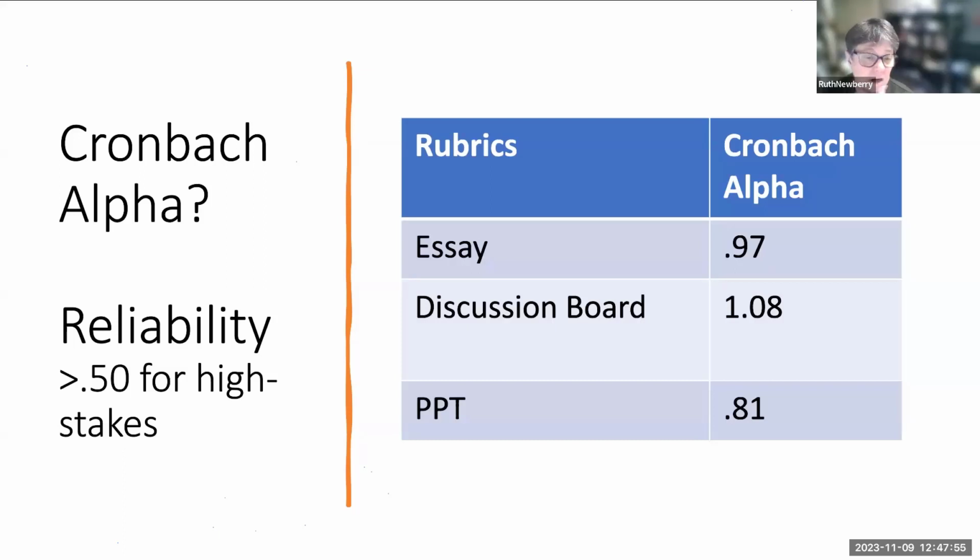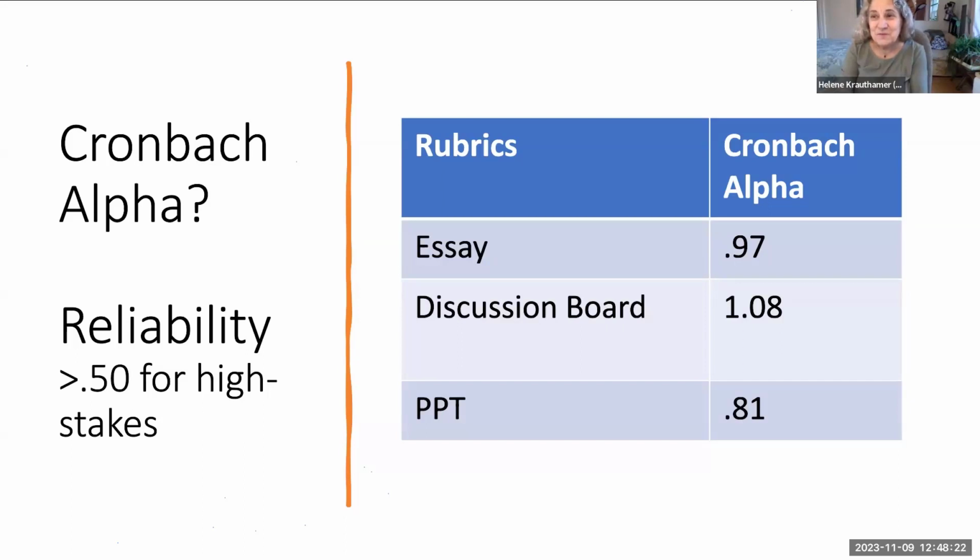And the PowerPoint one is telling you that, using those descriptors, you've been fairly consistent. Maybe there's a row that might be throwing things off, but overall, they're reliable rubrics in the sense you could look at the sample size and say, this is decent data. Be confident in it.